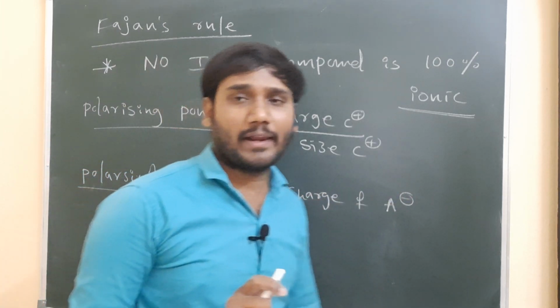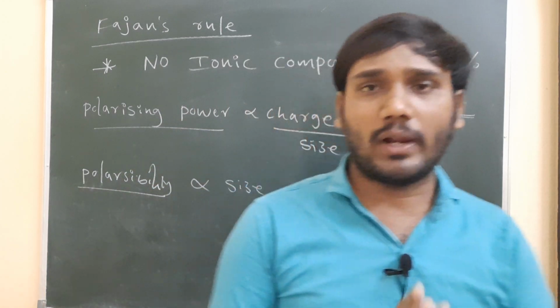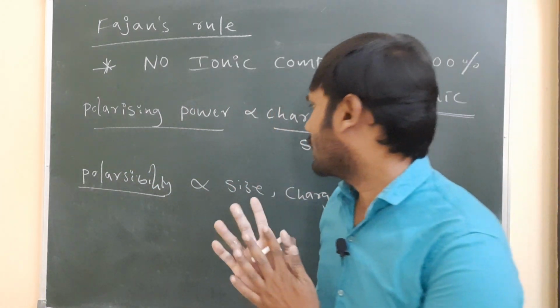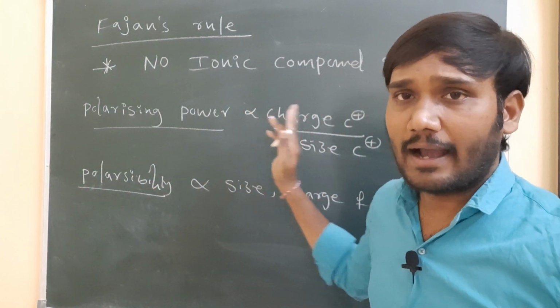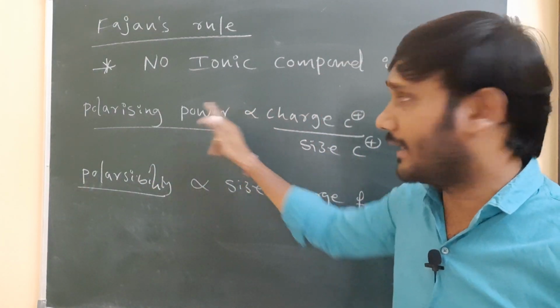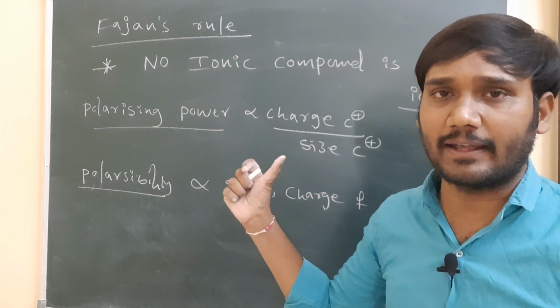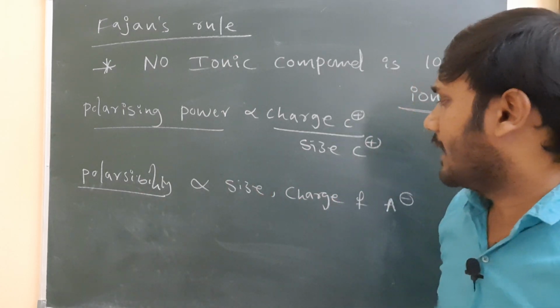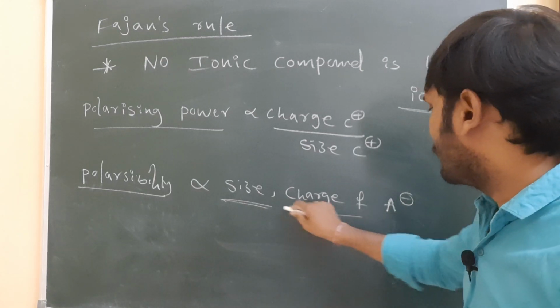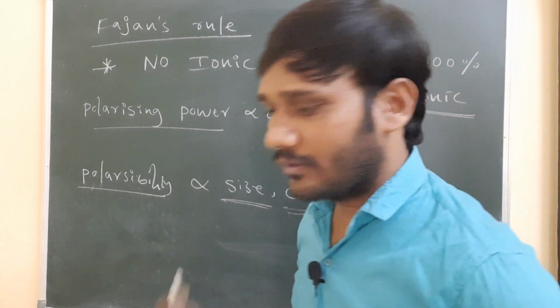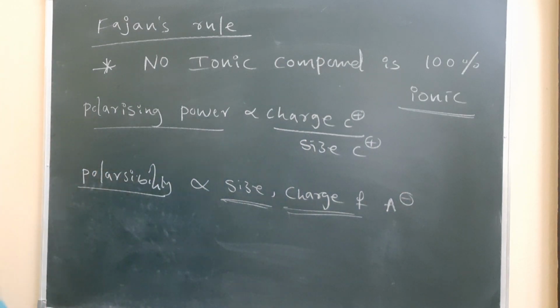Once again, polarizing power is related to the cation, polarizability is related to the anion. This is polarizing power and polarizability.